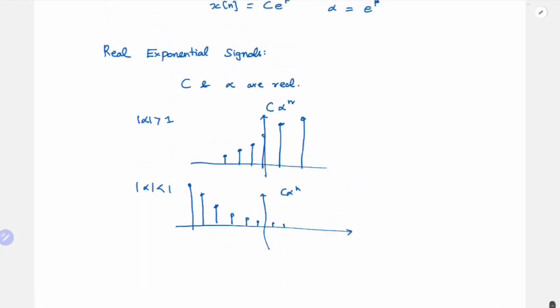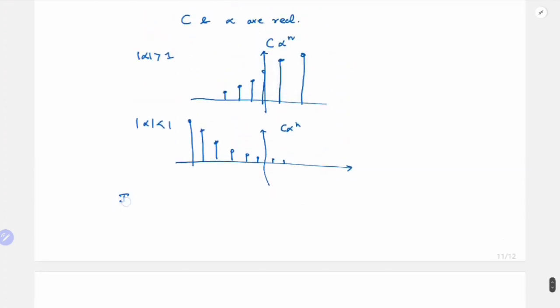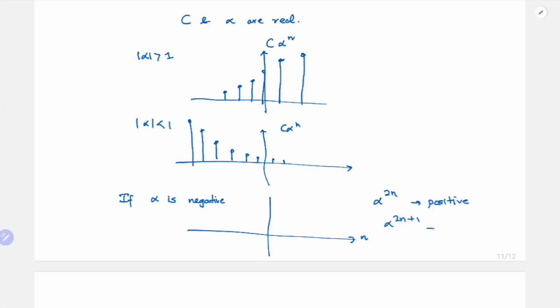Okay. So what happens if alpha is negative? At all the even integer values, you will get a positive value, right? Because alpha power 2n is positive and alpha power 2n plus 1 is negative.